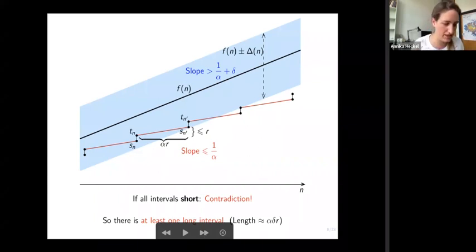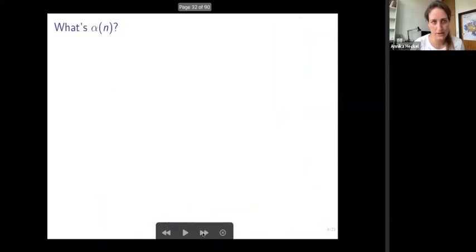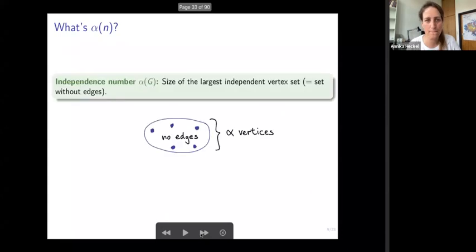Now, how do we apply it in our particular case? So I should finally tell you what alpha is. I've named this function alpha suggestively because it will be the independence number of the graph. The independence number is just the size of the largest vertex set without any edges between them.